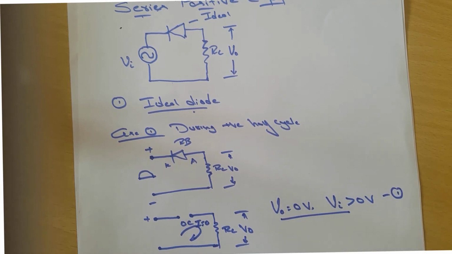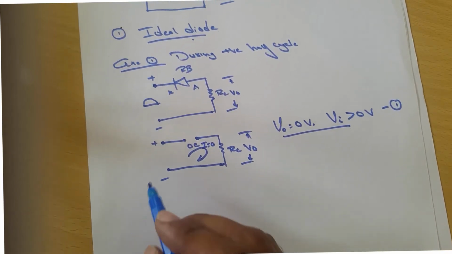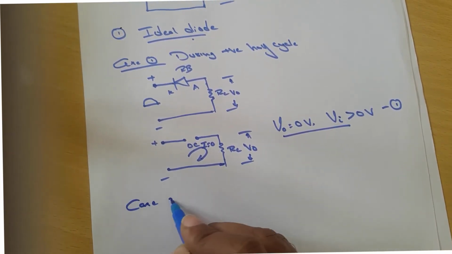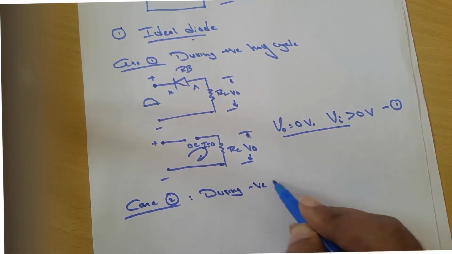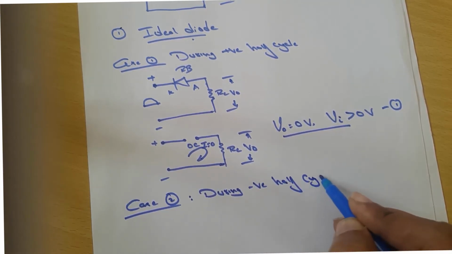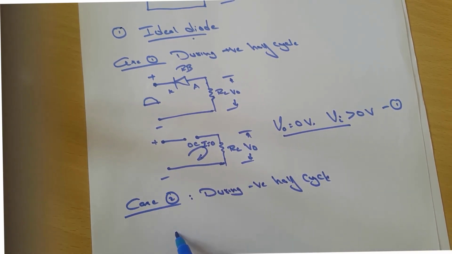This is during the positive half cycle. Let me take this equation as 1, and let us go for case 2. Case 2 is during the negative half cycle. So let me write the same circuit during the negative half cycle.